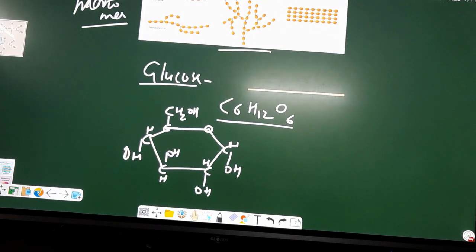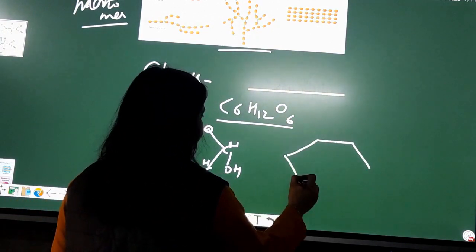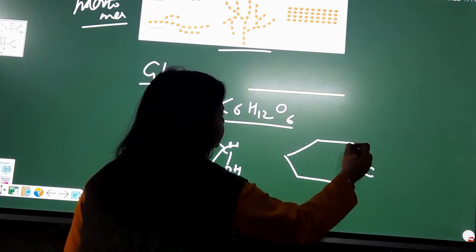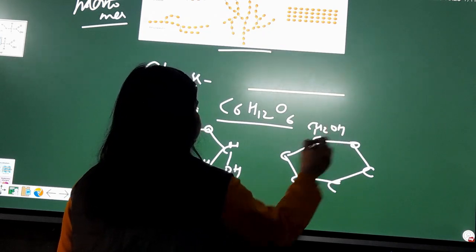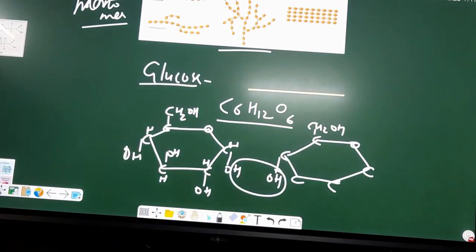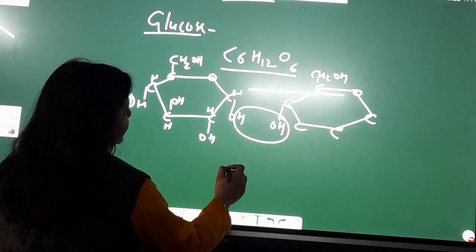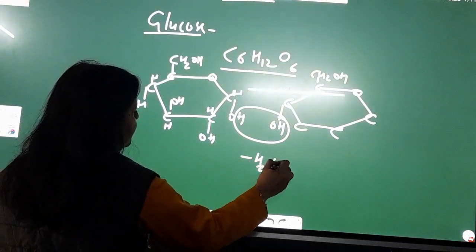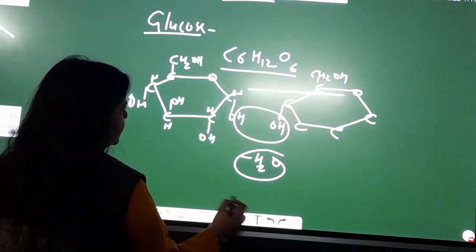In this, two glucose units are connected with each other by losing H2O. After dehydration, a glycosidic bond is formed and makes a disaccharide. They get connected with each other, minus H2O, through a glycosidic bond.